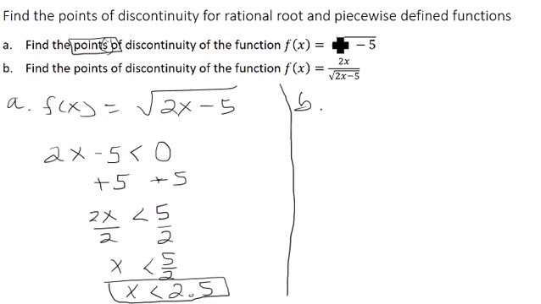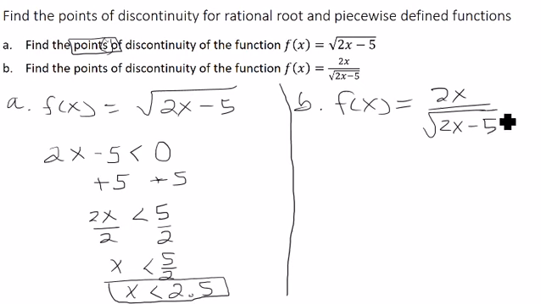Okay, back to the second part of the problem here. So we have f of x equals 2x over square root of 2x minus 5. Well, in this case, you have two situations here. One, there is a fraction, and the other, there is a radical.